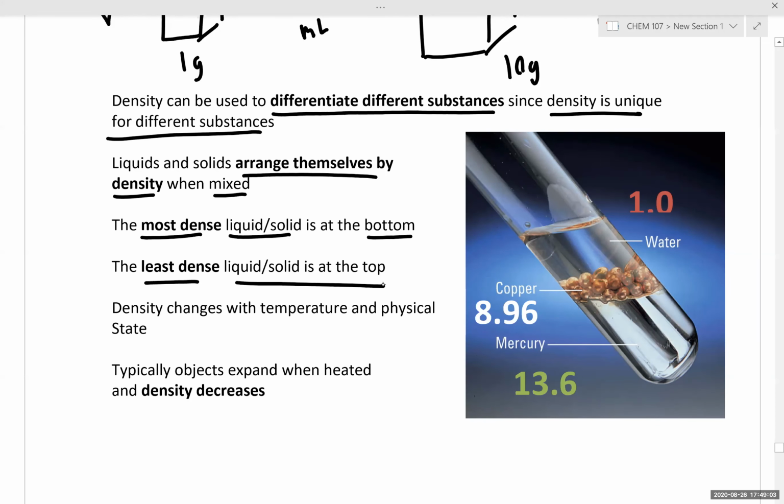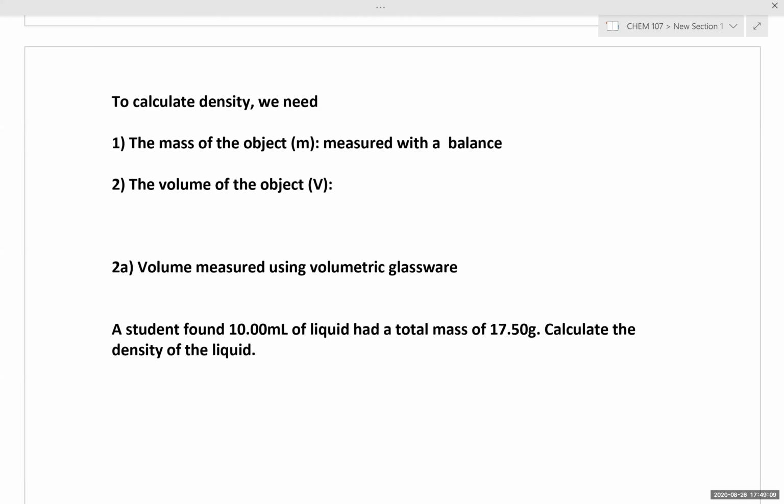So let's show how we can calculate density. How do we go about calculating density? To do that, we'd need the mass of an object and the volume of an object. The mass we can just measure with a balance. That's easy. The volume of an object, however, there are a few methods.